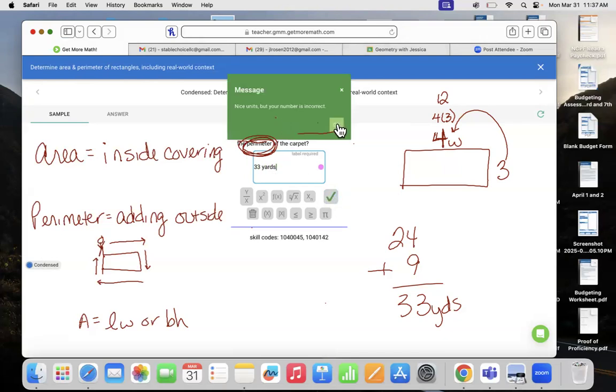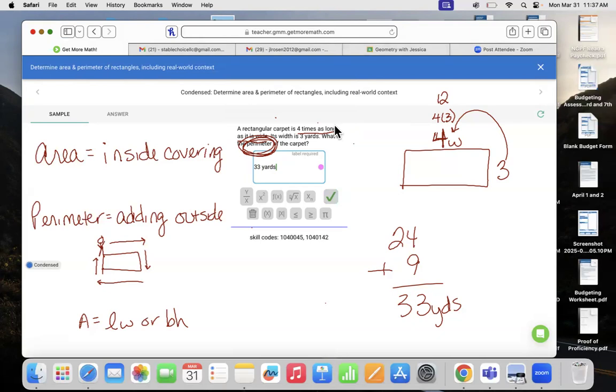Nice units, but your number is incorrect. All right. 12 and 12 and 3 and 3. Oh, yeah, that would have been 6. Duh. My bad. So 30 yards. There we go. So yeah, don't do 3 times 3 like I did. 3 plus 3. Okay. And again, finding our errors is how we move on as well.